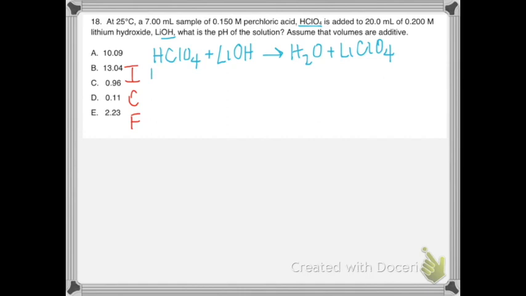And when we do this, we find we have 1.05 times 10 to negative 3 moles of the perchloric acid. And we have 4 times 10 to the negative 3 moles of the lithium hydroxide.